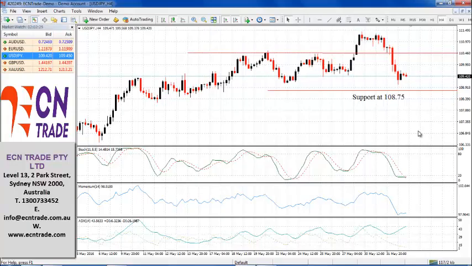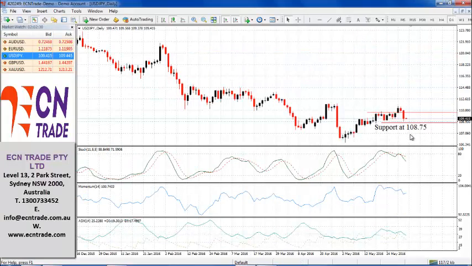But 105.20.60 should harbour the bull camp, and I expect to see a return. But the key level in today's price action is 108.75, and if it withstands the challenge, then yes, I expect to see a rise up towards 110.15.20 to 110.80.